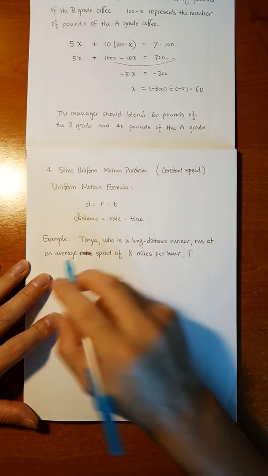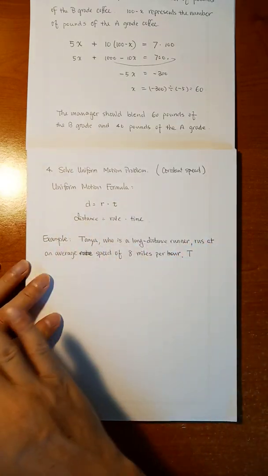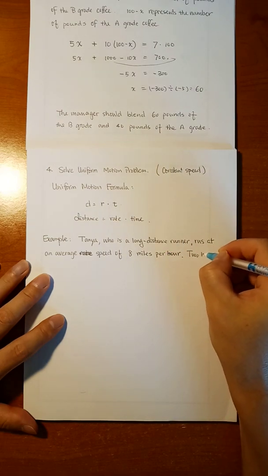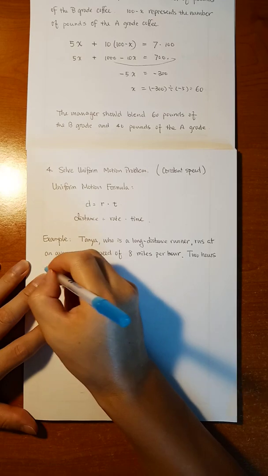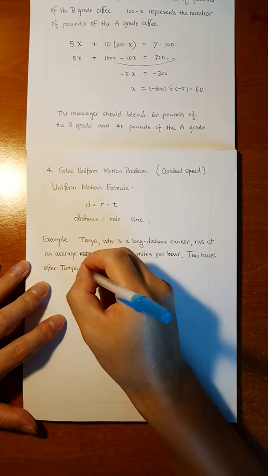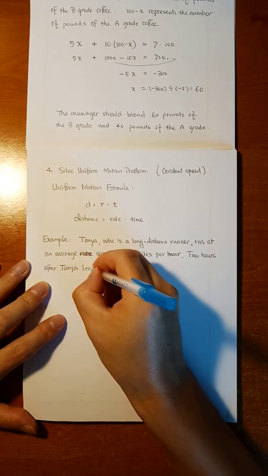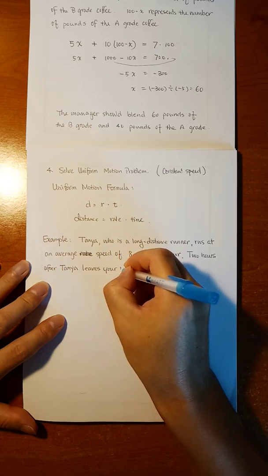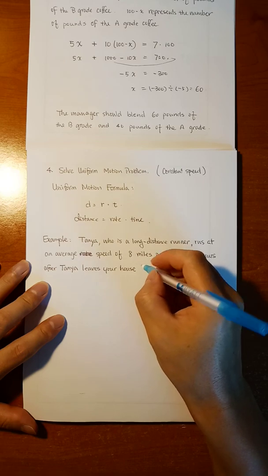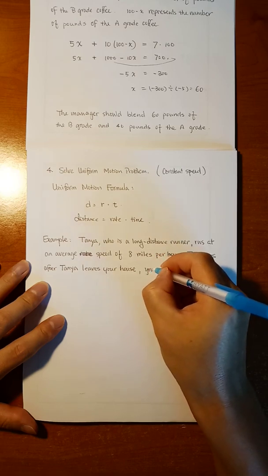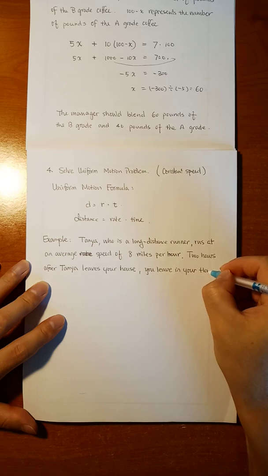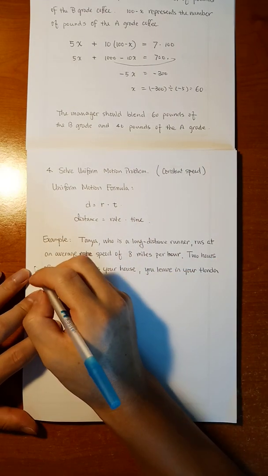Okay, so whenever you see the average rate, average speed is constant, it does not change. 2 hours after Tanya leaves your house, you leave in your Honda and follow the same route.